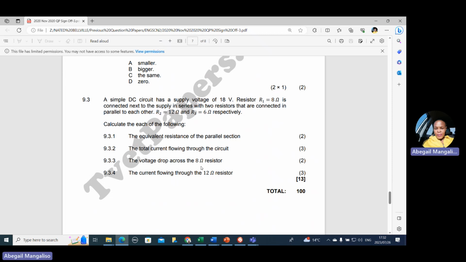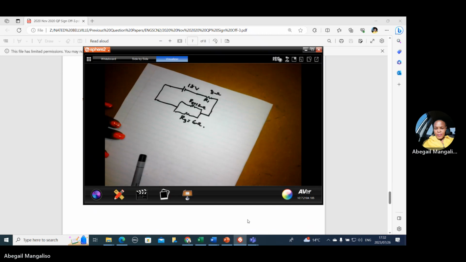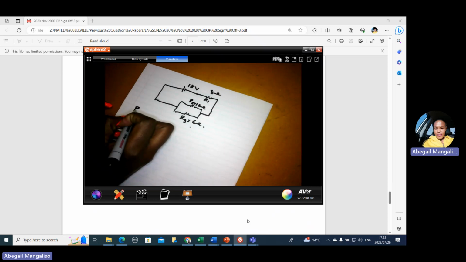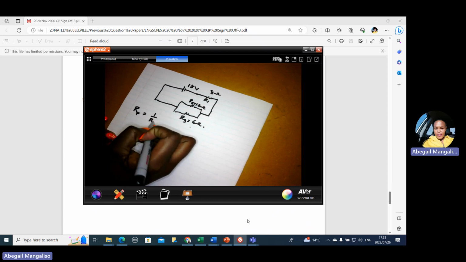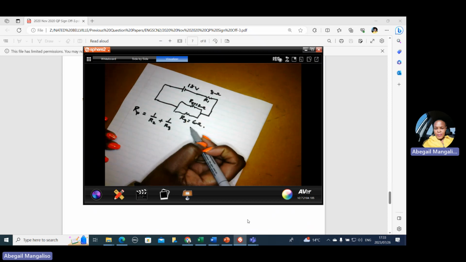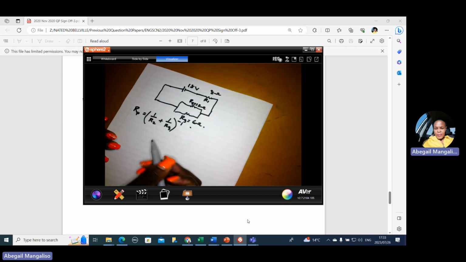First question says, calculate the equivalent resistance of the parallel section. Let's look at the solution. R2 of 12 and R3 of 6 are in parallel. So RP is equal to 1 over R2 plus 1 over R3, all to the power negative 1.